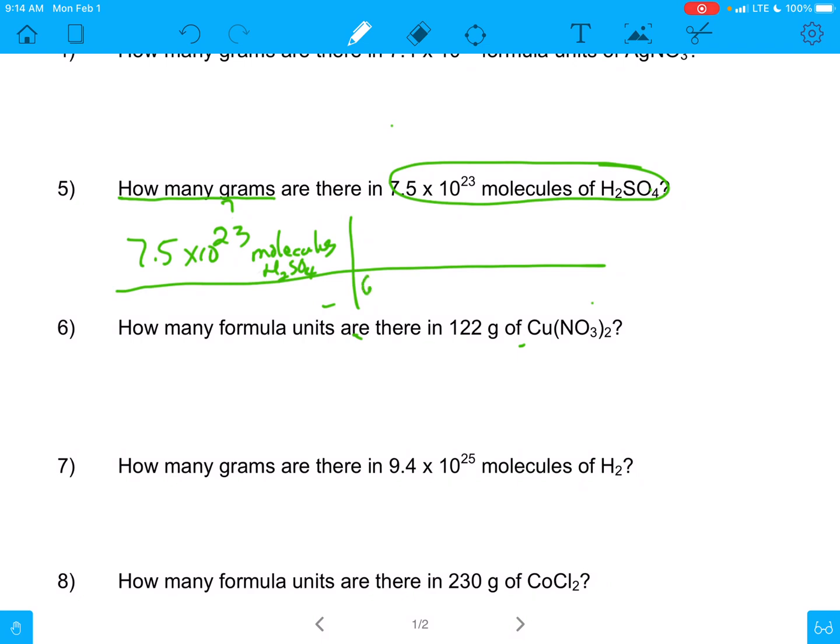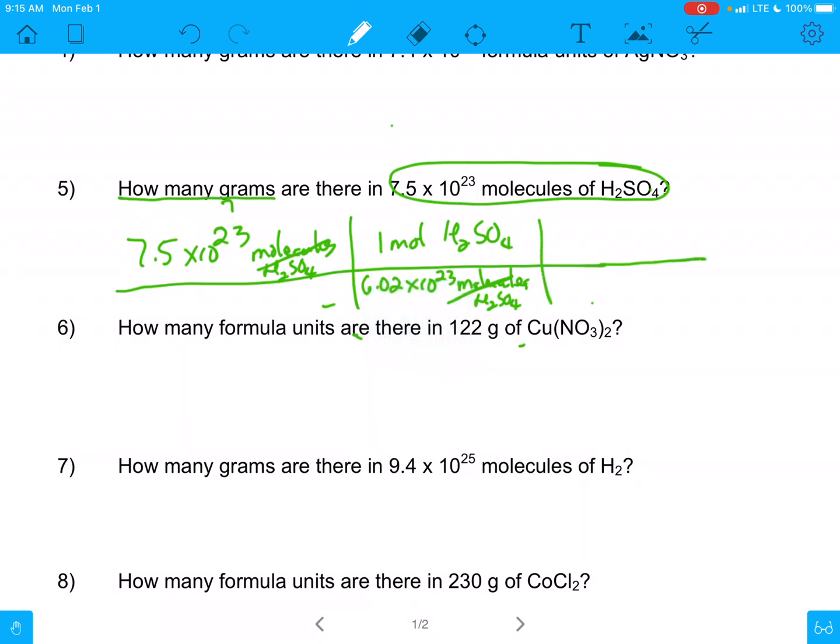So let's try that. 6.02 times 10 to the 23rd molecules of H2SO4 is the same as 1 mole of H2SO4. So look at that. The molecules are going to cancel and I'm left with moles of H2SO4.